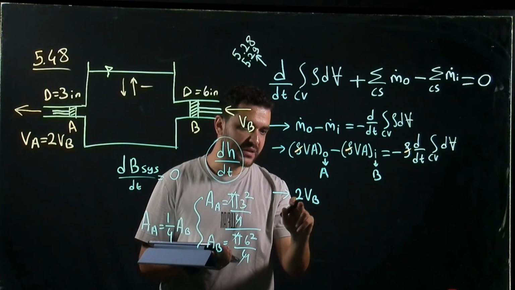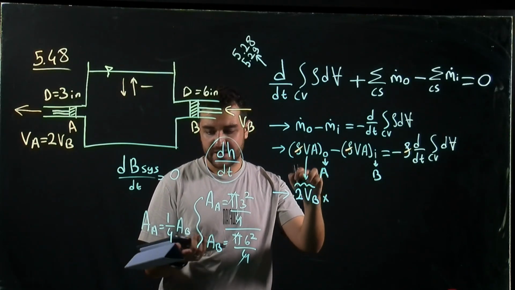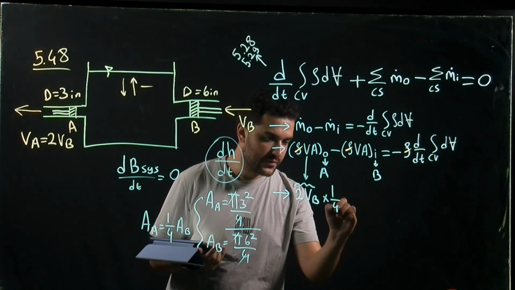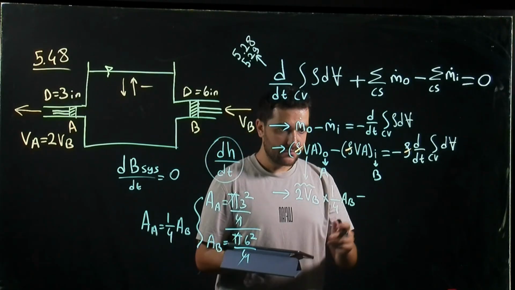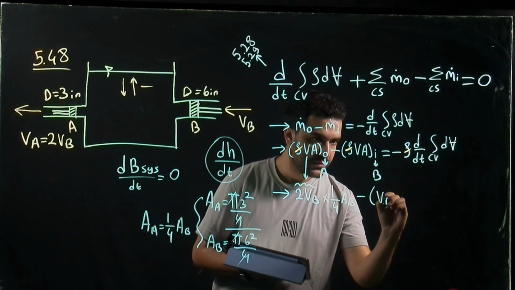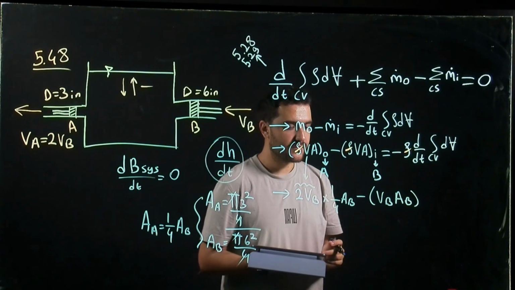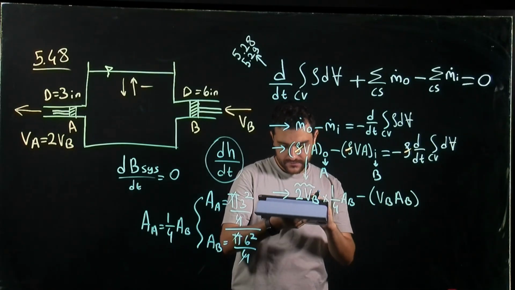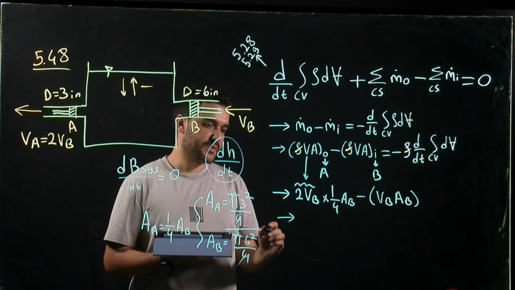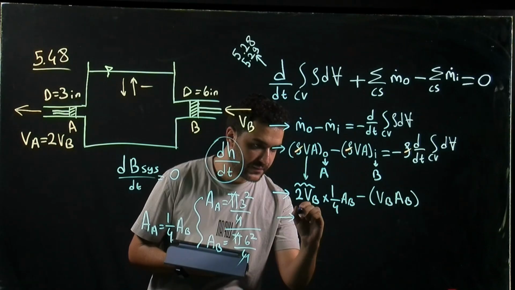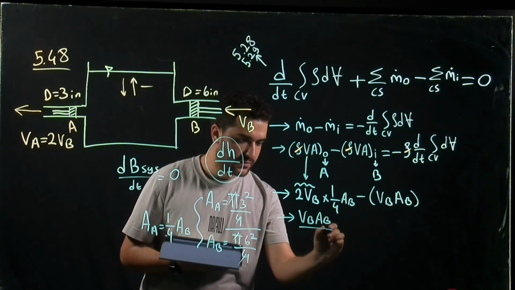So we have 2VB, which represents VA, times the area of A, and it was 1 over 4 AB, minus VB and AB. So from here we can get VB AB over 2.